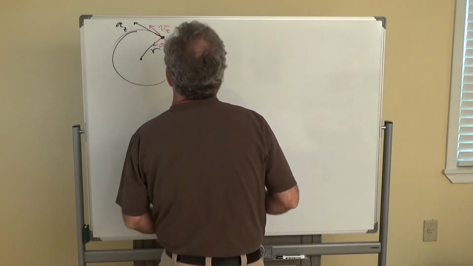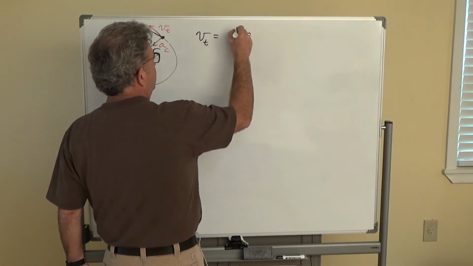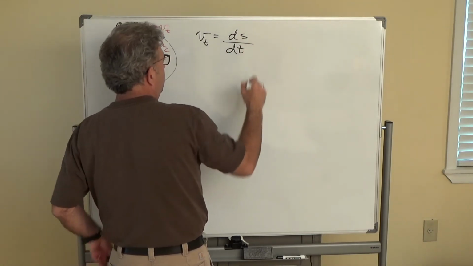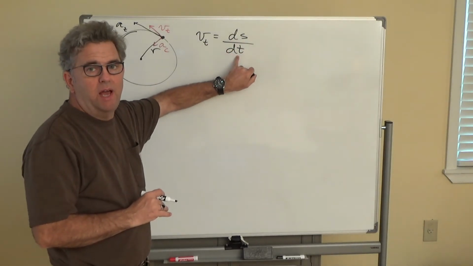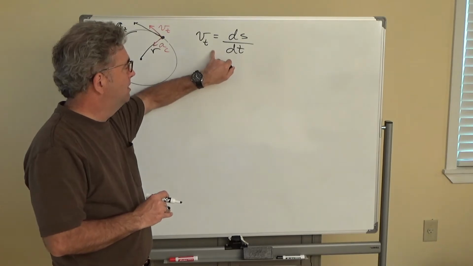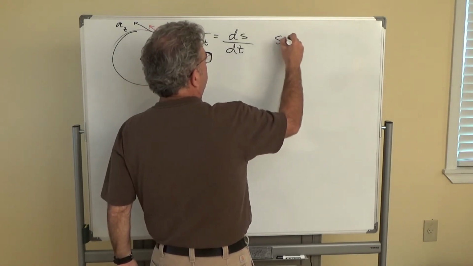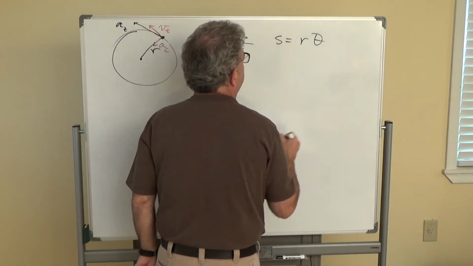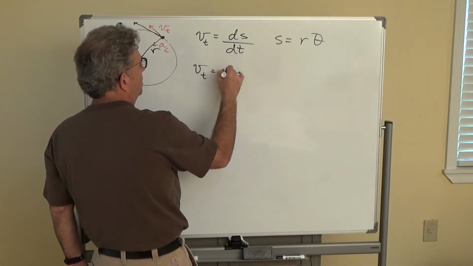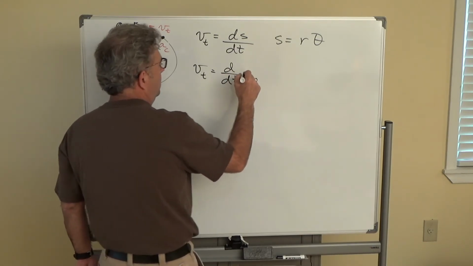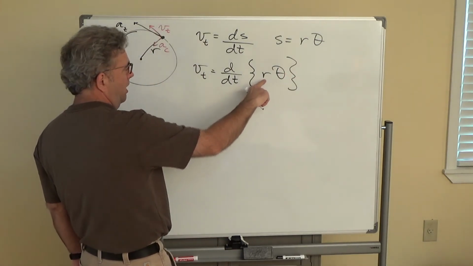So for the v tangential, that is just ds dt, right? That's the change in arc length divided by the change in time. And s is equal to r theta. So if I put this together, you get v tangential is equal to d dt of r theta. We're not allowing r to change.